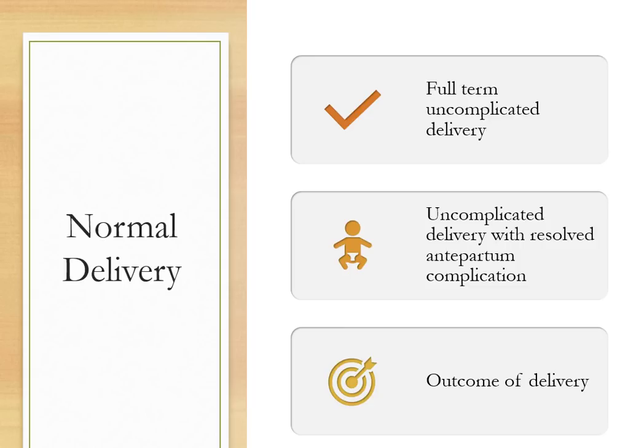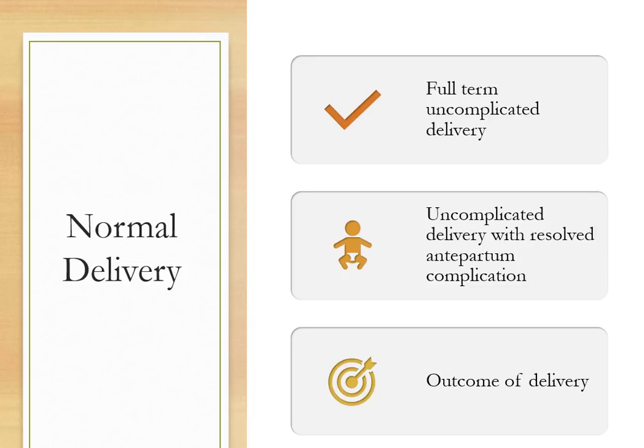You don't want to contradict your code by saying, oh, it's uncomplicated, but here are some complications, okay? Now, code O80 may be used if the patient had a complication at some point during the pregnancy, but the complication is not present during the time of the delivery.